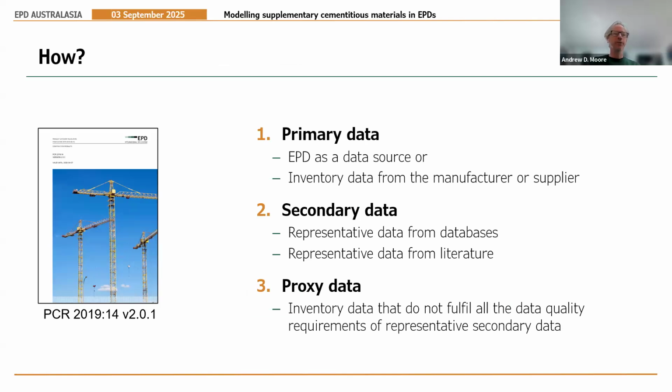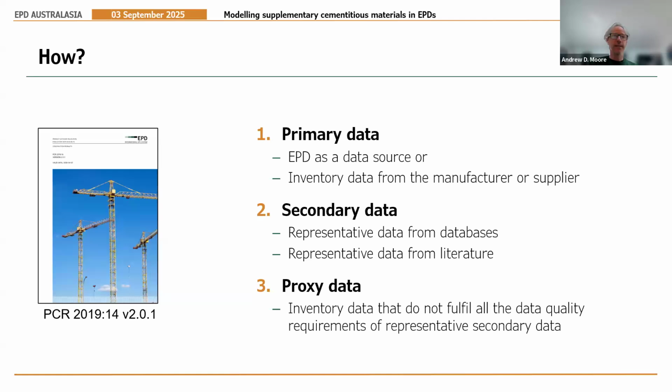In terms of how we do that, the updated PCR has guidance. Ideally we would be using primary data where it is available. If there is an EPD for the product that you purchase from an upstream supplier, that's great. You can use that EPD to plug straight into the production of your downstream EPD.